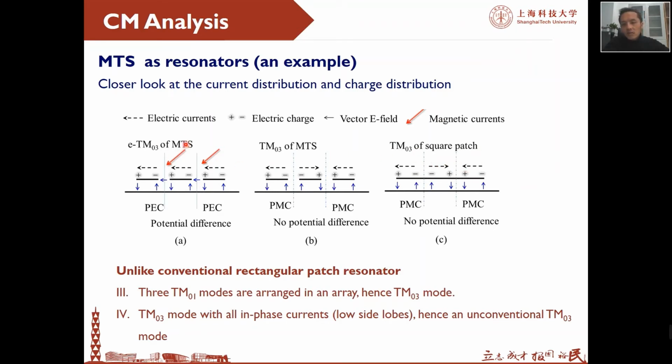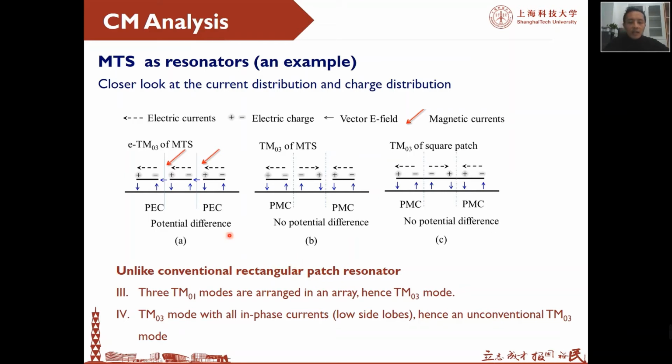But for this metasurface, we can find actually one resonance under each unit cell. So overall, we have 3 variations in terms of the normal E field along the resonant direction. And at the same time, the conventional TM03 modes still exist there. This is also different from a conventional rectangular patch resonator.